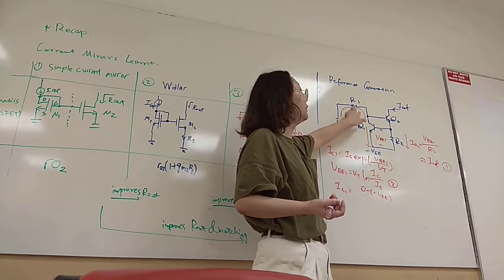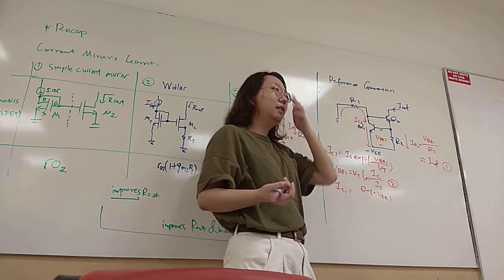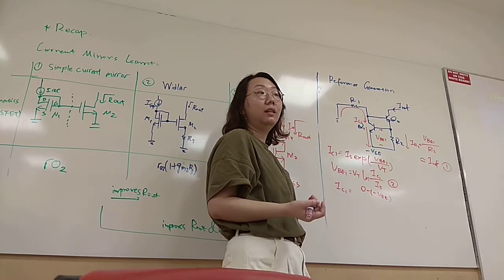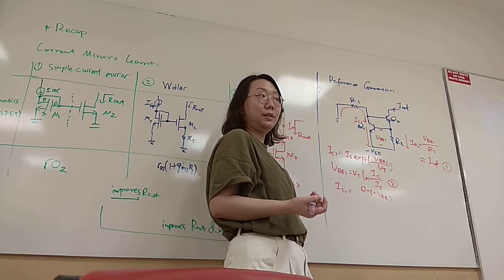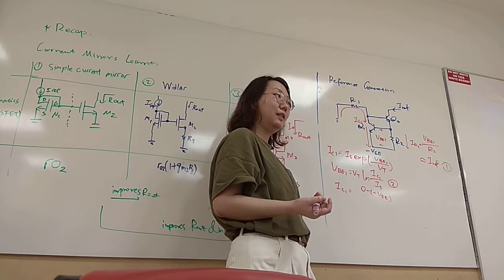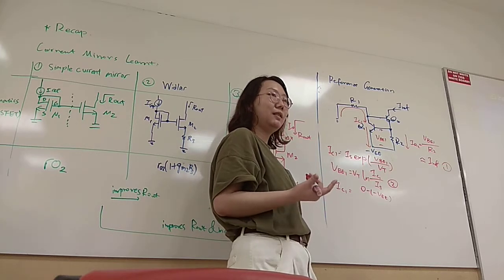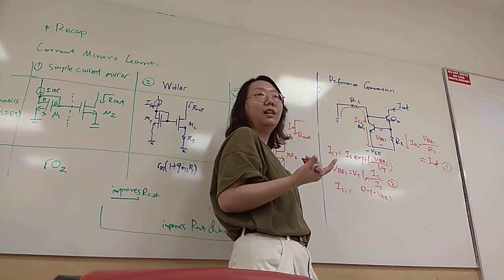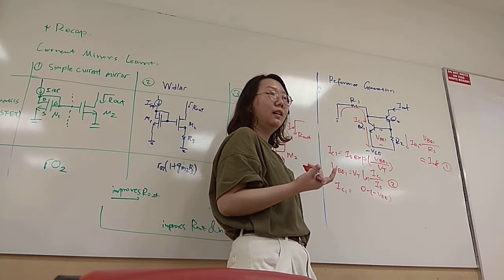So how to find the current flowing through your R1? To find a current flowing through a resistor, you use Ohm's law, right? Use the voltage across this resistor divided by the resistance. So what's the voltage across this resistor?